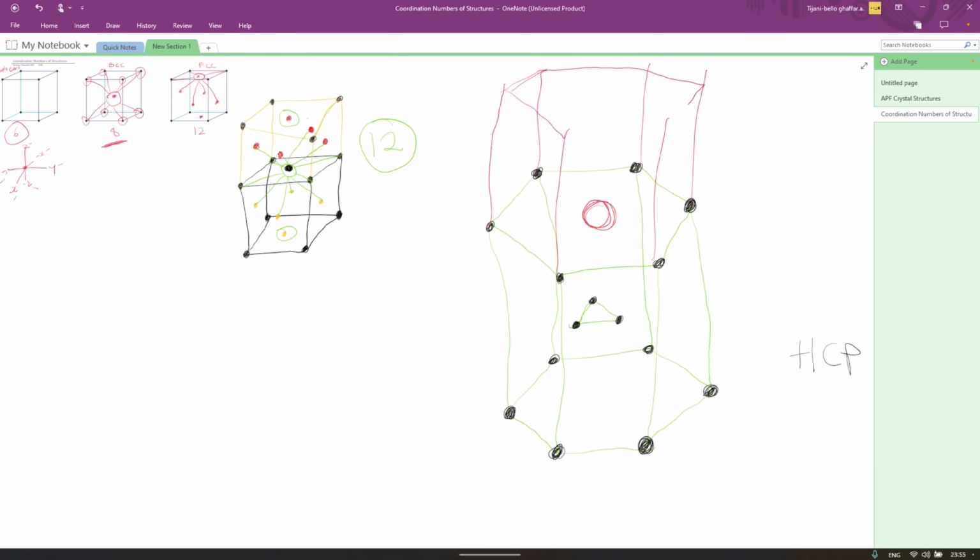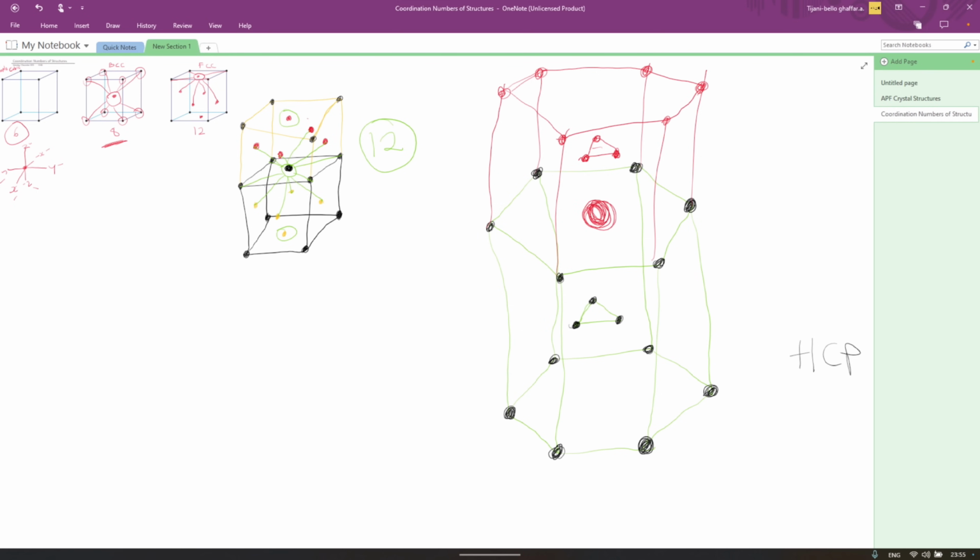So these are my lattice points, the 6 top lattice points, and this is the triangle in the center with the 3 atoms. Yeah, that's nice. So to count, this is my center.